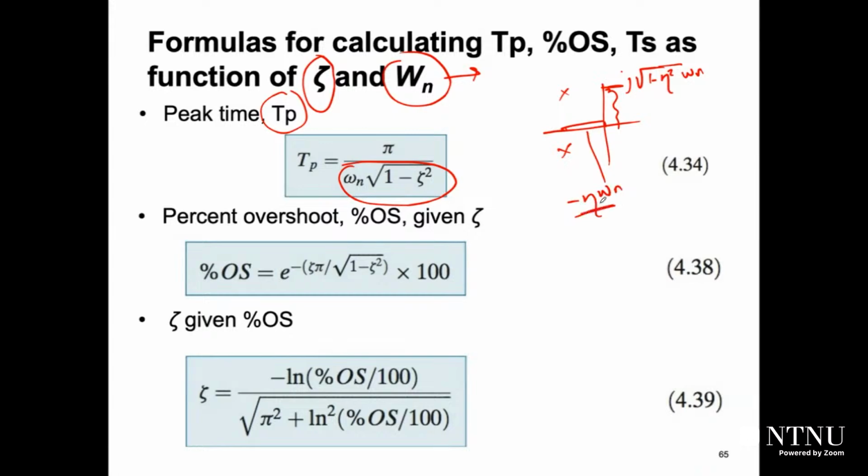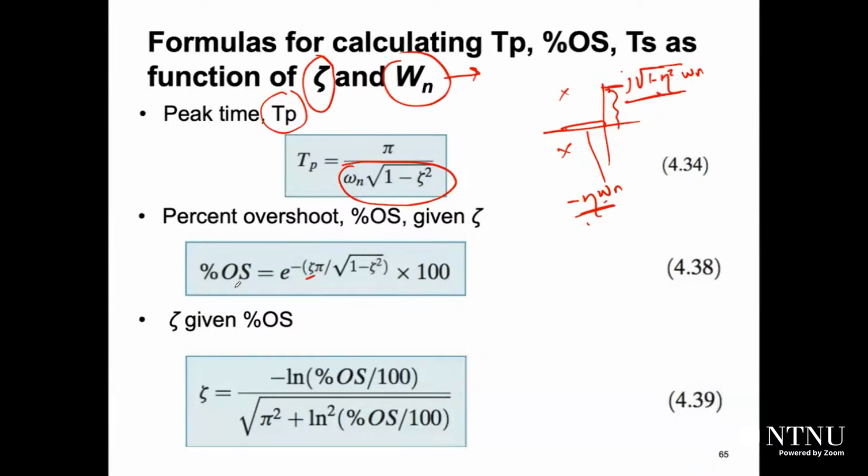So just divide that part by that part. Omega n will cancel omega n, so it will be multiplied by pi: pi multiplied by zeta divided by square root of 1 minus zeta square. You need to multiply it by 100 to get a percentage. So this is the percentage overshoot as a function of zeta.